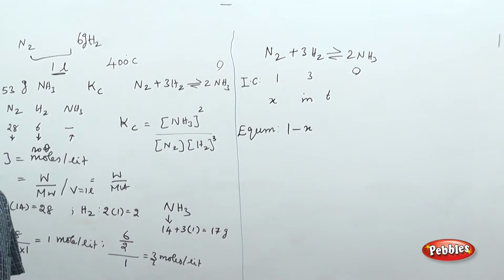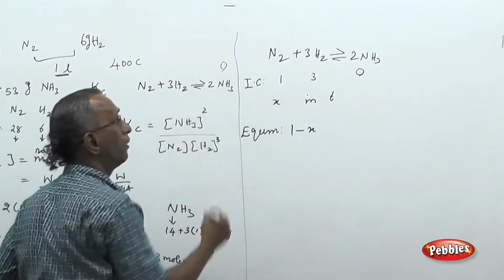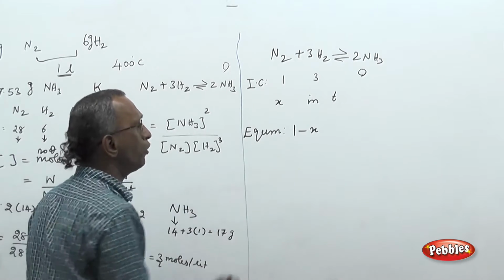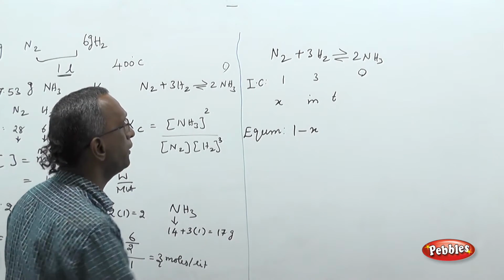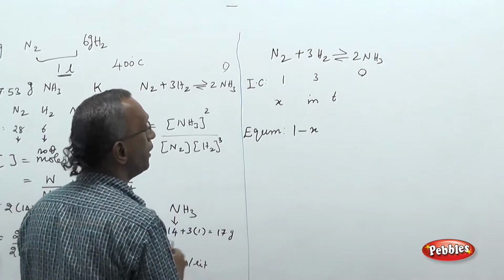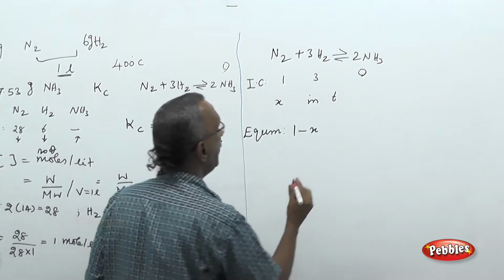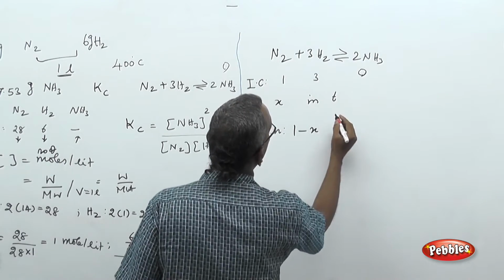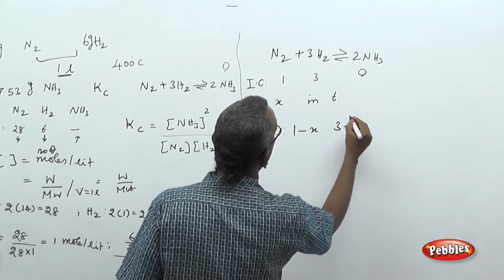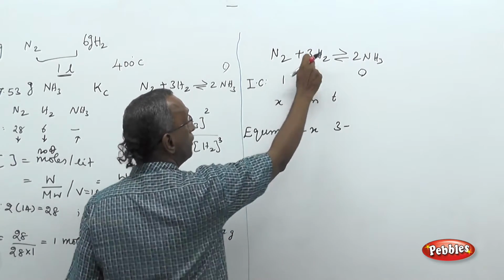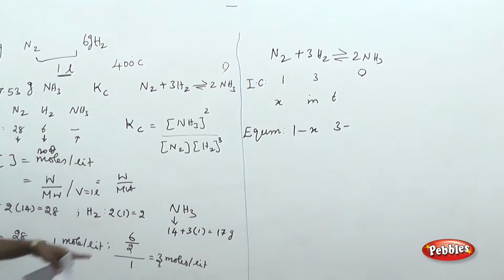1 is the total concentration as per the stoichiometry, 1 mole, and X is the amount reacted. Unreacted moles of nitrogen is 1 minus X, whereas for hydrogen it is 3 minus 3X. Every mole of nitrogen will consume 3 moles of hydrogen, so it should not be confused with this 3.